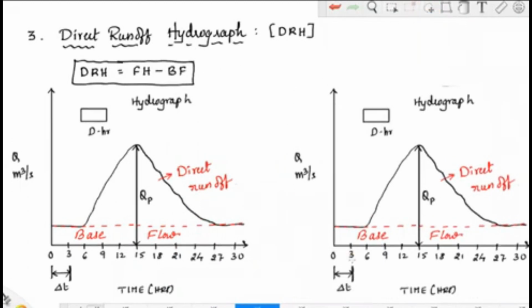So from this hydrograph, I am removing base flow in the right side diagram. If I remove the base flow, I will get a direct runoff hydrograph. So I'll shift the x-axis and y-axis.